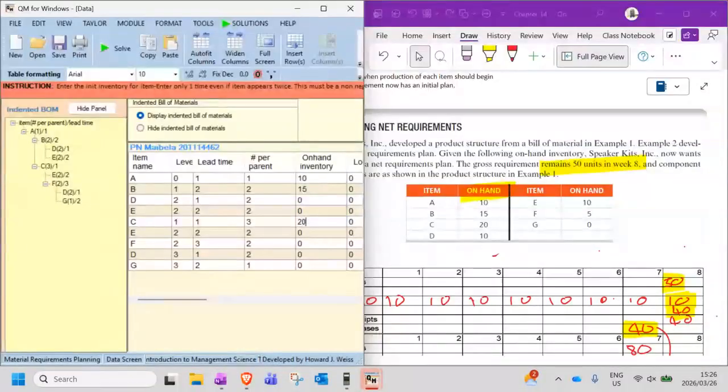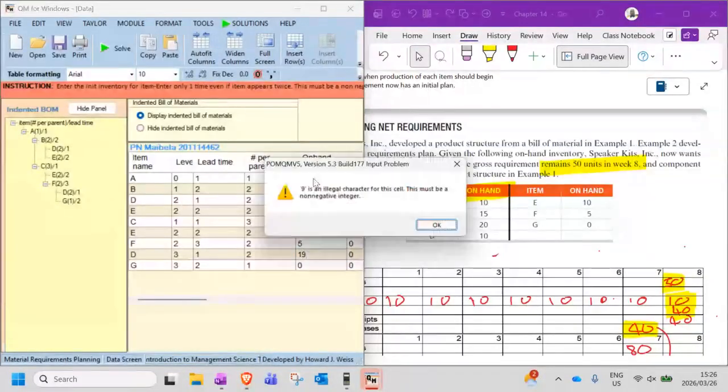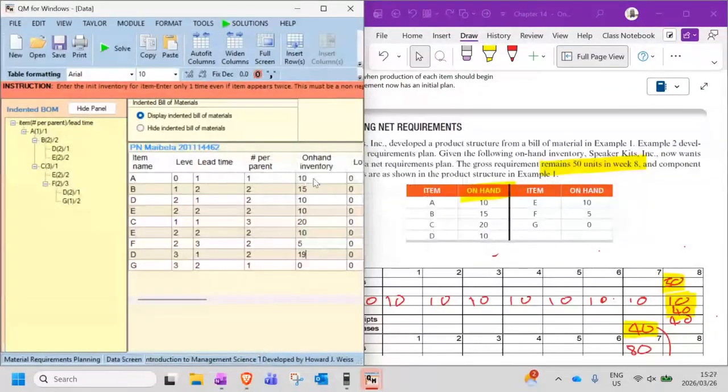Then D is 10, E is 10, E again 10, F 5, G 10, G is 0.